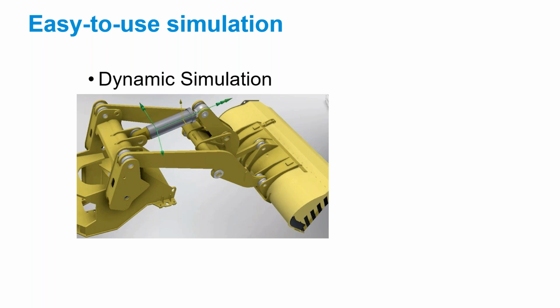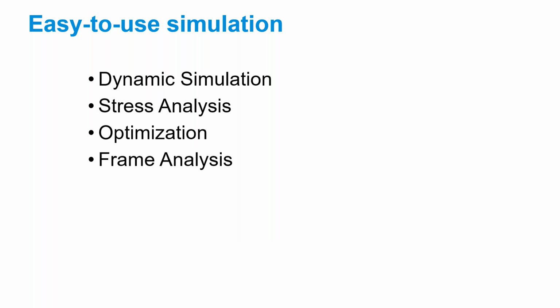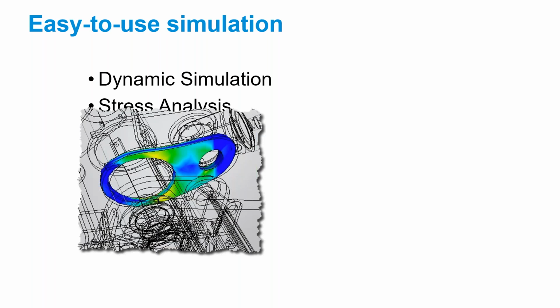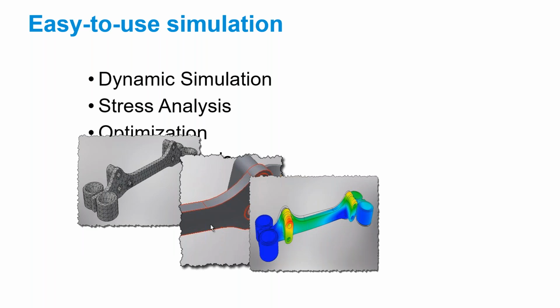So Inventor is also equipped with a validation tool which can help you to very quickly do a lot of different types of simulations, be it your dynamic simulation to understand the different forces that are acting on a particular moving body, to calculate the unknown forces required for a cylinder or an actuator system to actually go ahead and lift something. Or you can go ahead and do a stress level analysis to understand the different types of stresses and the displacement that it undergoes due to the various forces that are acting on top of it.